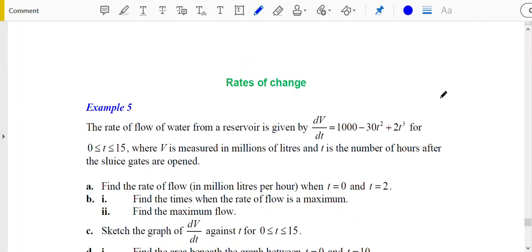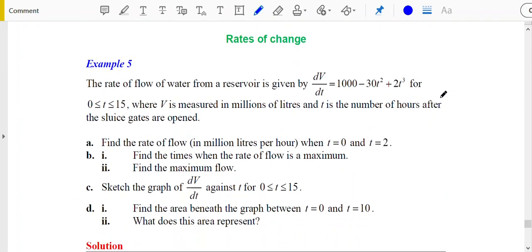And the last thing that you need to be able to do is rates of change. So we did rates of change in differentiation. So it's really just a look back at some of that. So it's just straight into an example here. So last example, the rate of flow of water from a reservoir is given by dV/dt equals 1000 minus 30t squared plus 2t cubed for the interval t is between 0 and 15 inclusive.